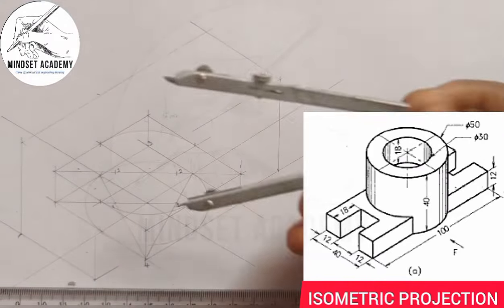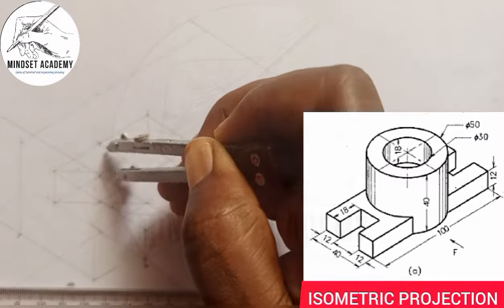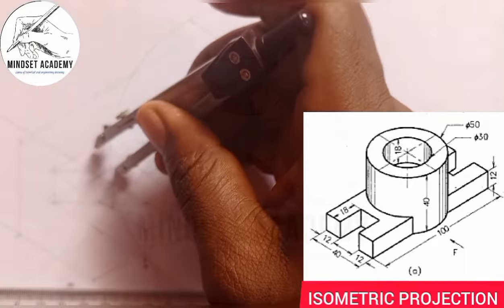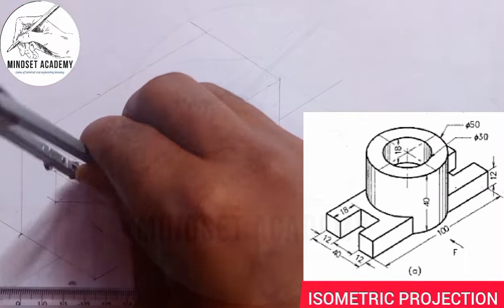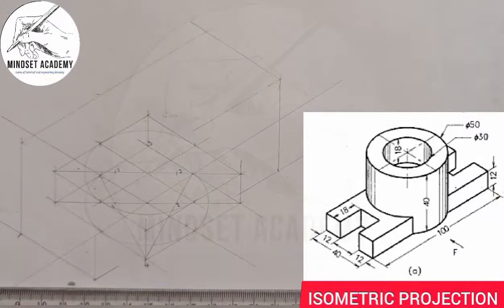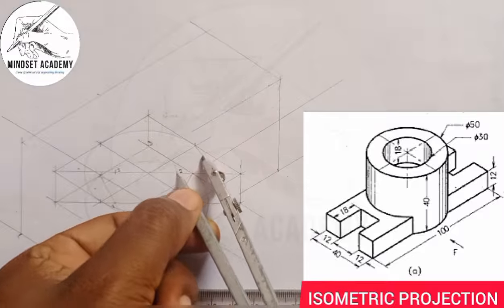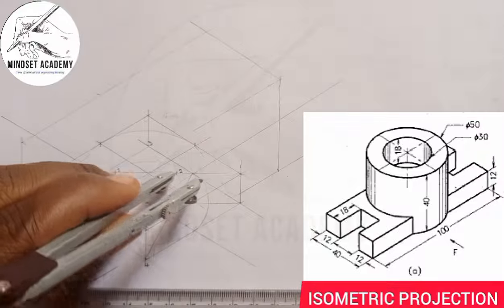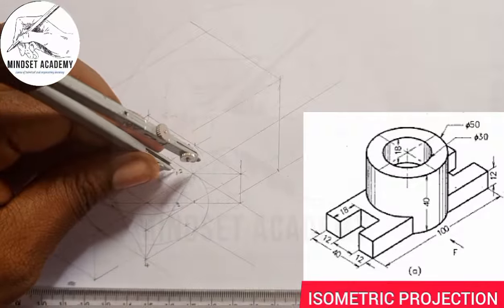Right? From this point here, I'll get this faint line. And from this point here too, I'm going to get this. So you need to gauge all your points first before you do anything.